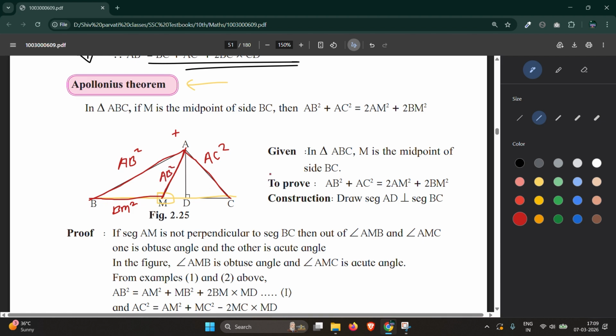So this is again a very interesting result that has been derived using the Pythagoras theorem, but it has a special name, the Apollonius theorem.